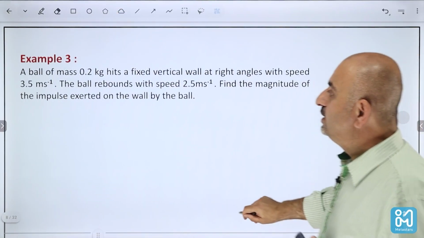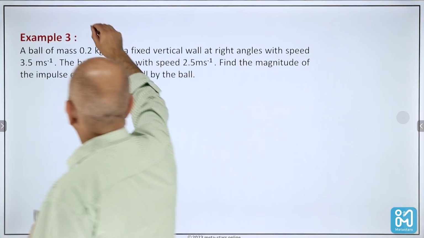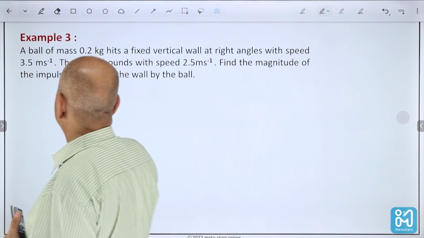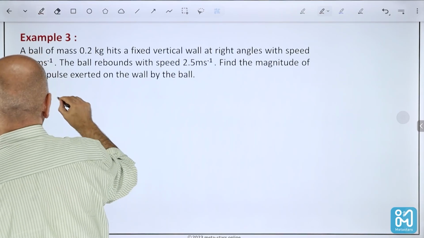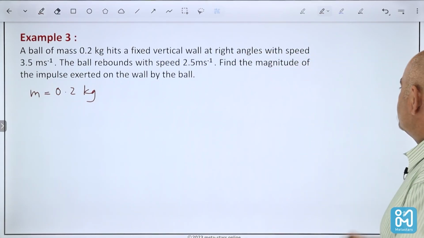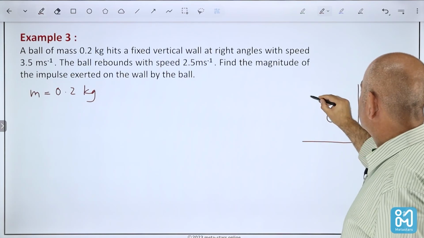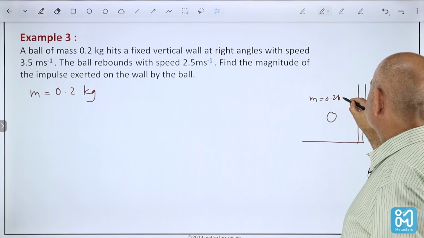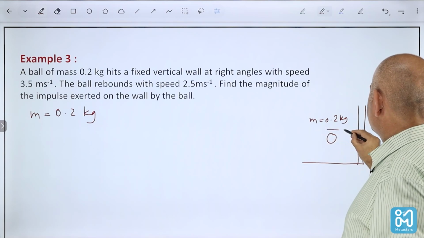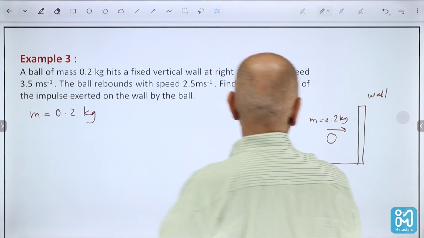All right, what do we got next? Example 3. A ball of mass 0.2 kilograms hits a fixed vertical wall with a speed of 3.5 meters per second.